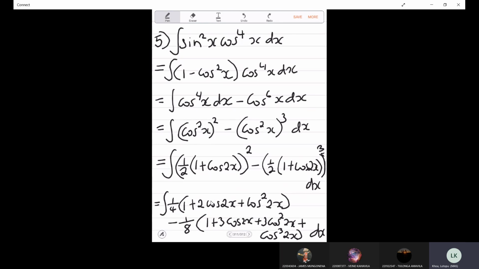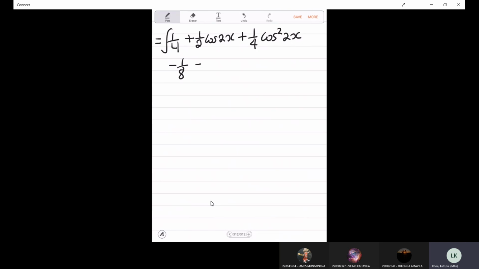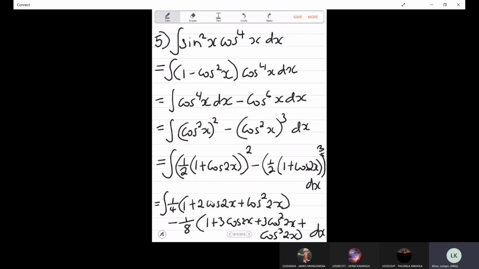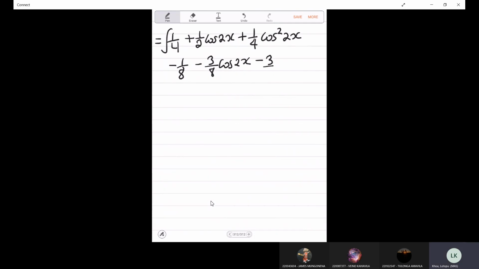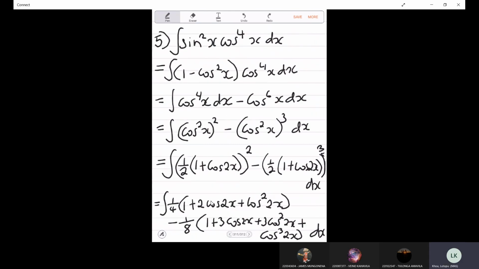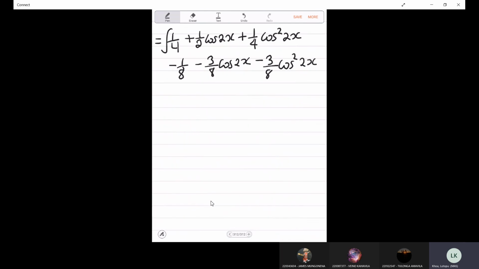Then I have minus 1 over 8 times 3 cos 2x. That's minus 3 over 8 cos 2x. Then minus 1 over 8 times 3 cos squared 2x. Minus 3 over 8 cos squared 2x. Then there is minus 1 over 8 times cos to the power of 3 of 2x, then dx.